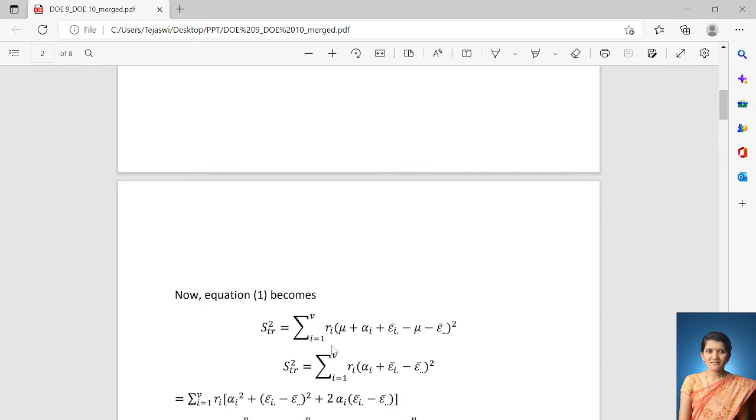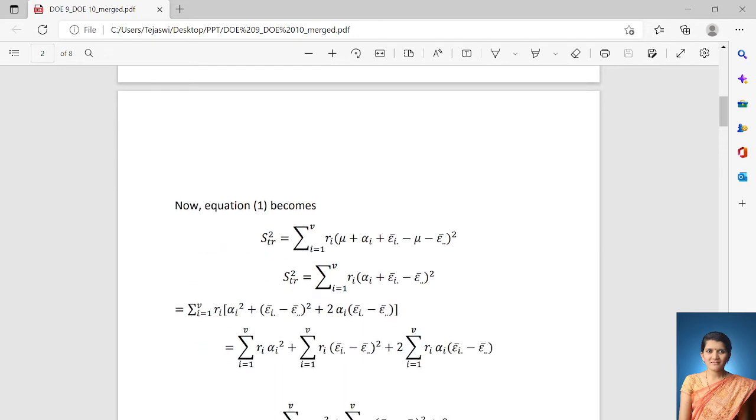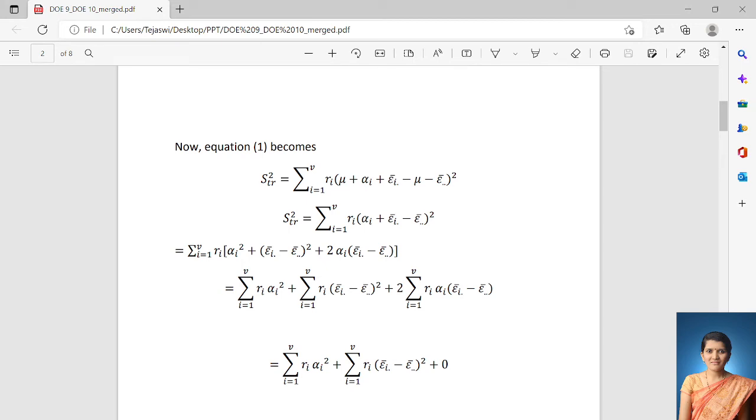So here mu gets cancelled, and only alpha_i plus (epsilon_i dot bar minus epsilon double dot bar) remains. We consider the first quantity as A and the second as B. So we expand (A plus B) whole square as A square plus B square plus 2AB, and take the summation inside.